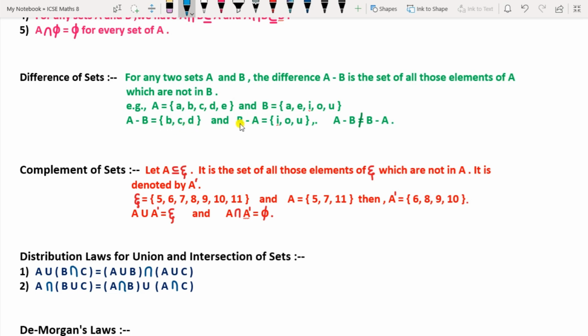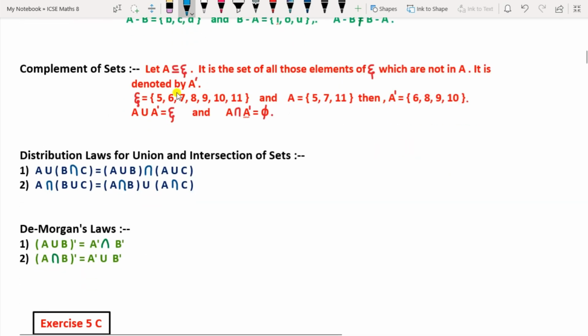Now if you are doing B minus A, all the elements of B which are not present in A, you have to write here. a is common, so i, o, u are not present in A. So you have to write i, o, u. That is the answer. So clearly A minus B will not be equal to B minus A.